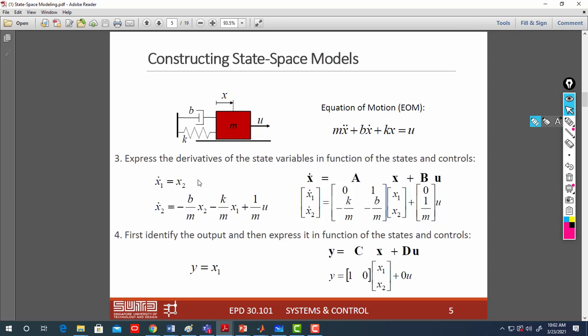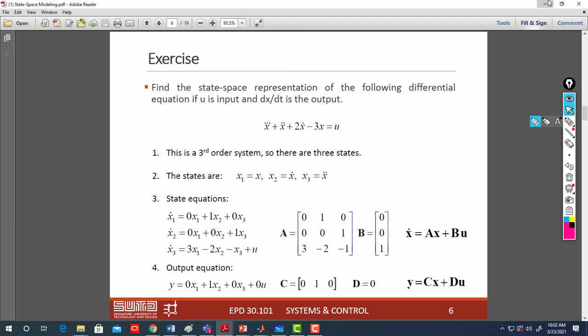Third step, express the derivatives in terms of the states and the controls. So it's the state equation and the output equation. Good. Those are the 4 steps that we saw previously.